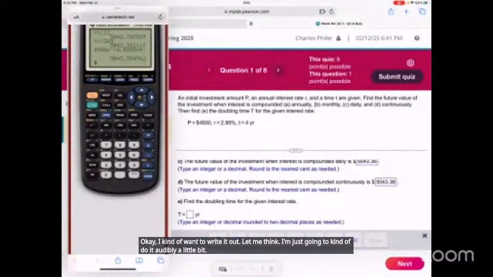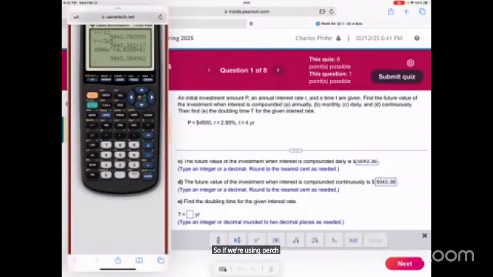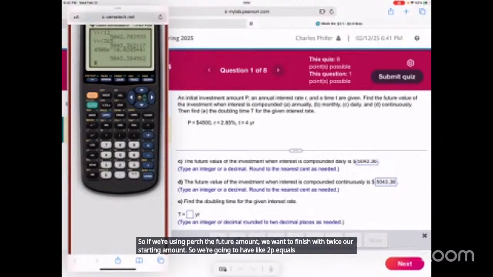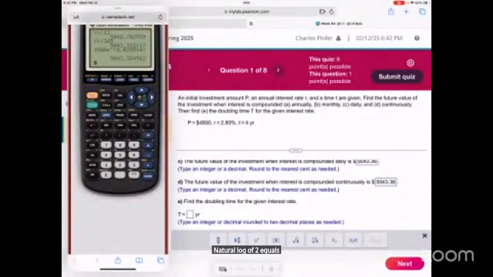So if we're using PERT, the future amount, we want to finish with twice our starting amount. So we're going to have 2P equals P e to the RT. Then 2 equals e to the RT. Natural log of 2 equals RT. So T equals the natural log of 2 over R.